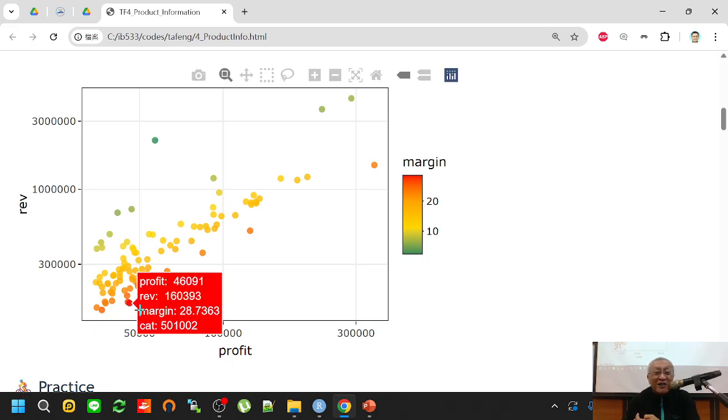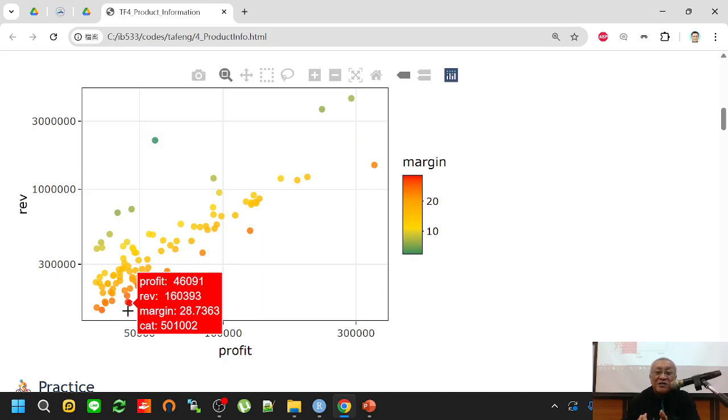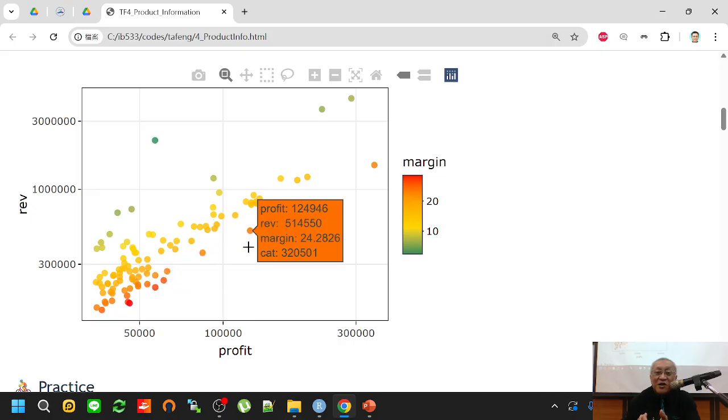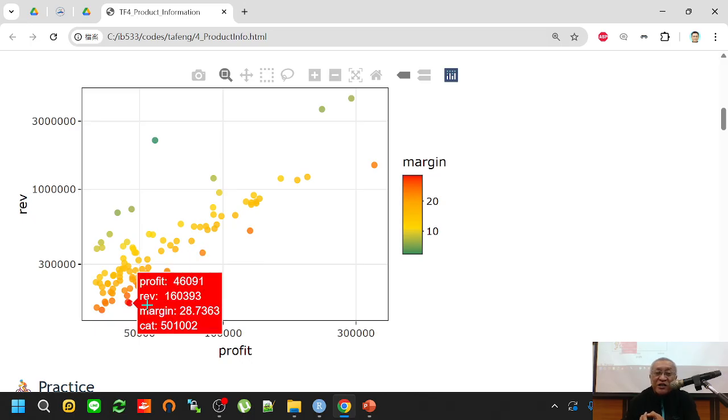But this product, you can see that, right? The red color points are the high margin products, right? But these high margin products are not necessarily generating the largest revenue and largest profit, right? Because their revenue is small.